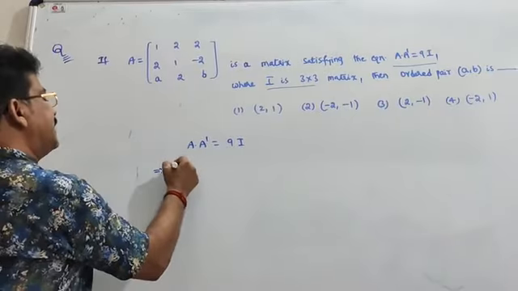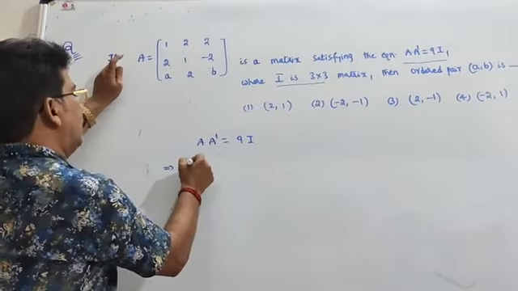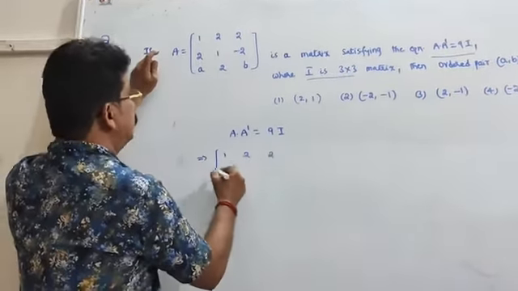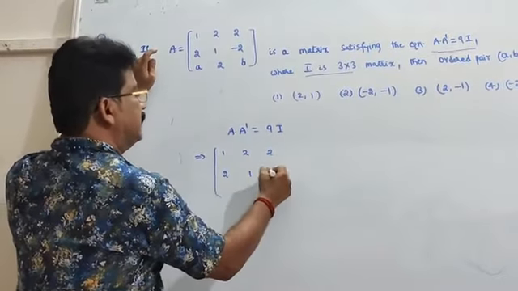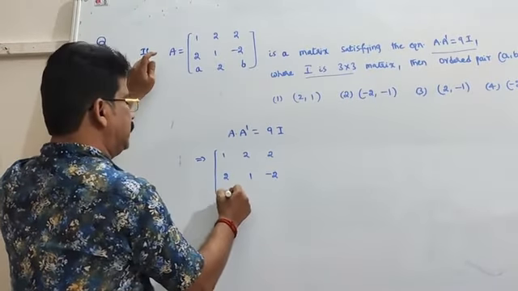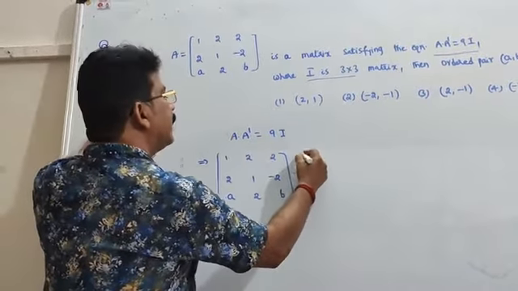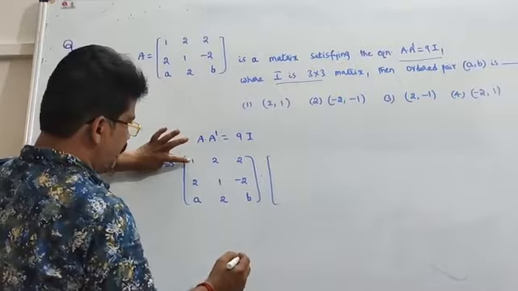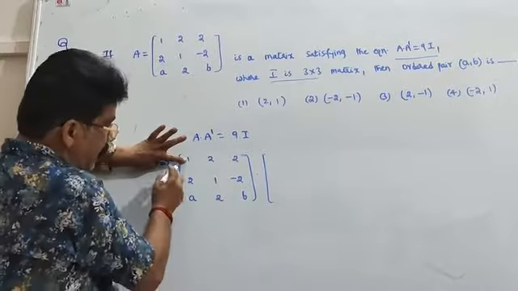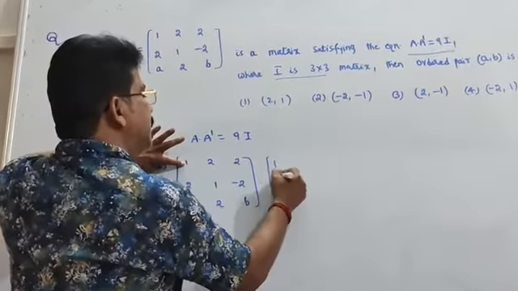So that implies the matrix with rows 1, 2, 2; 2, 1, −2; a, 2, b, into A transpose. A transpose means take the row and write it as a column.